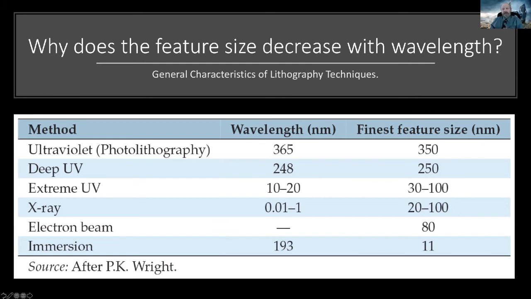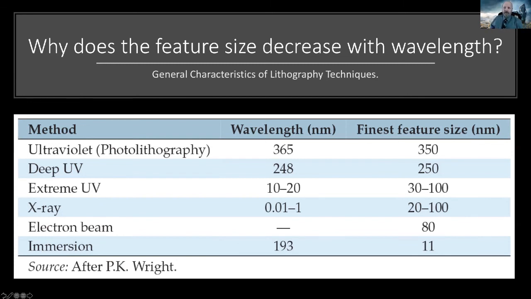We isolate that line with filters, and we use that to image the different patterns onto the wafer. By playing some tricks with the photomask and doing things creatively, we can get down to as small as 350 nanometer structures.